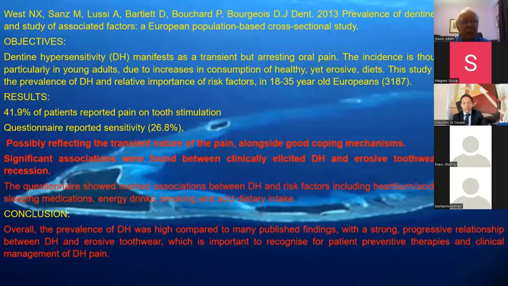But here they did find a relationship between erosive diets, tooth wear was very key, so dentine hypersensitivity and recession. So there is a strong relationship. Now, as we get older, we probably get more facial or buccal recession. It's interesting when you look at the epidemiological figures from the American studies.